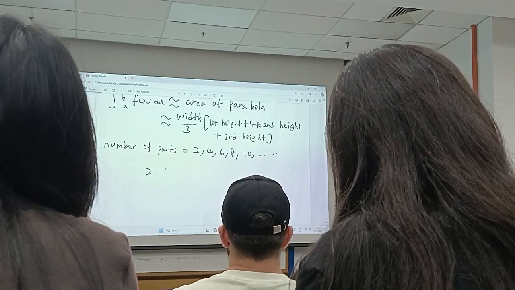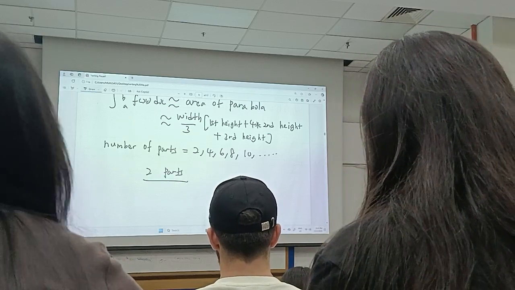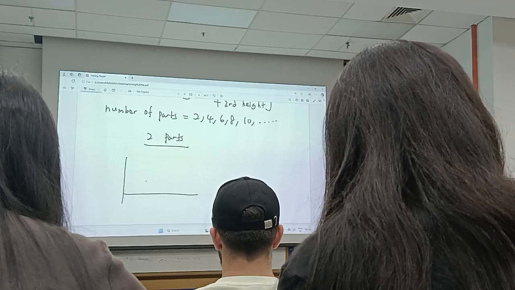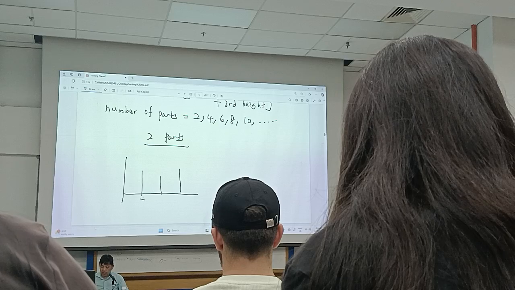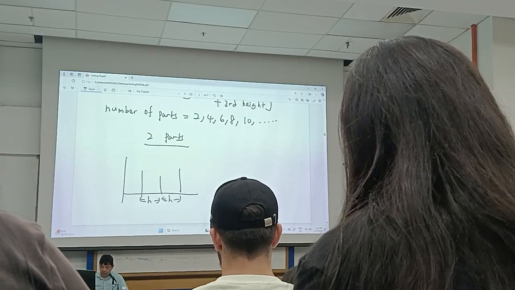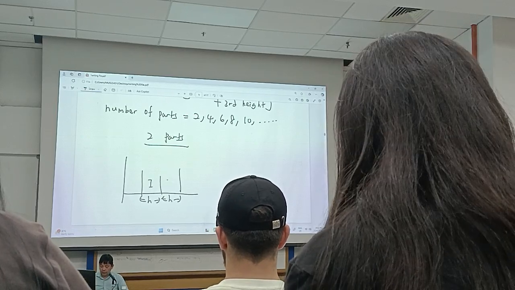So let's divide into 2 parts first. Divide into 2 parts. Okay, so divide into 2 parts with the equal width. Remember, the width must be equal. So let's say this is the first part, this second part.